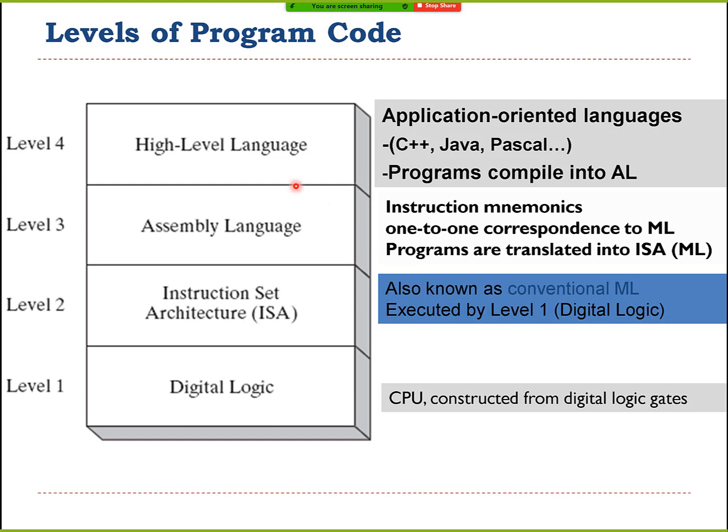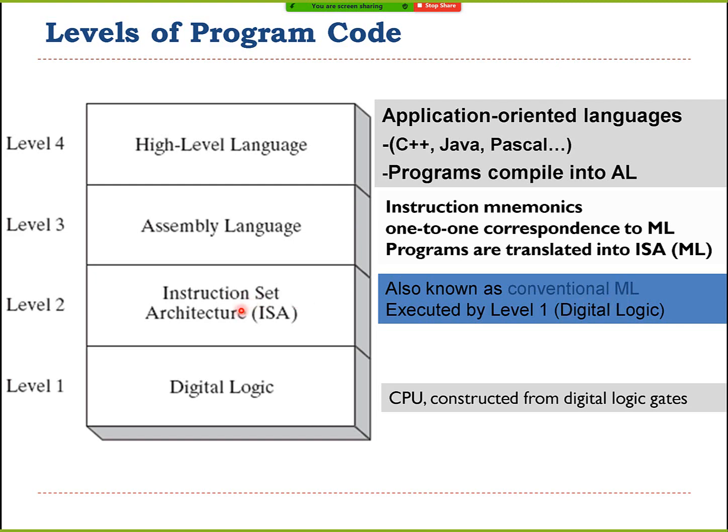As I said, we have these high level languages such as C and C++, then one level lower is assembly language, and another level lower is the instruction set architecture or machine language for our microcontrollers or hardware.